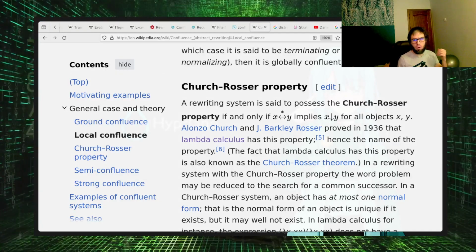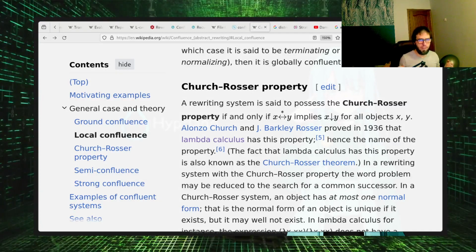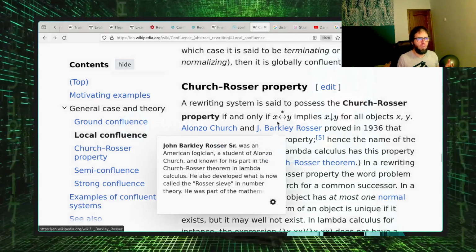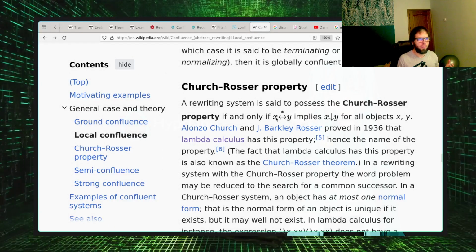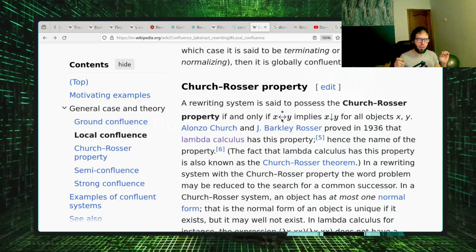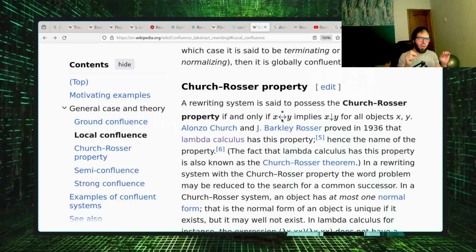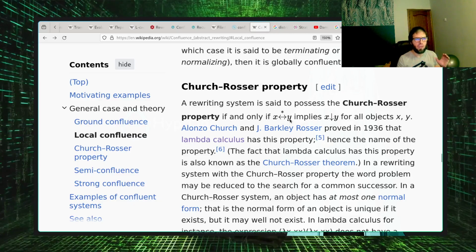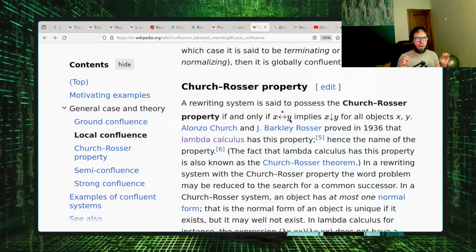So in other words, if we pick two objects x and y, and for them this relation holds, so they have some path from x to y and from y to x, then this must imply that x and y have the confluence.